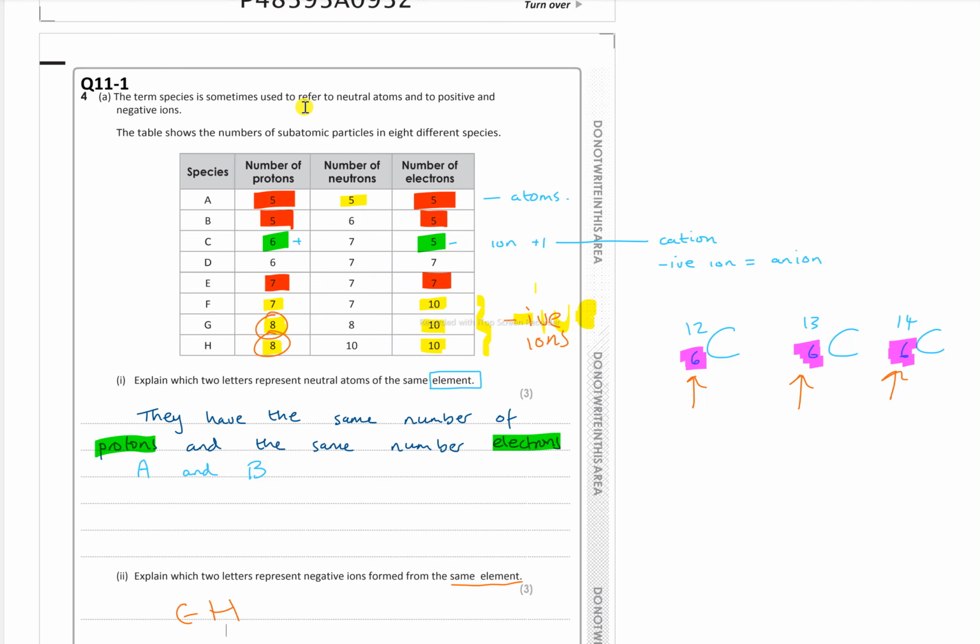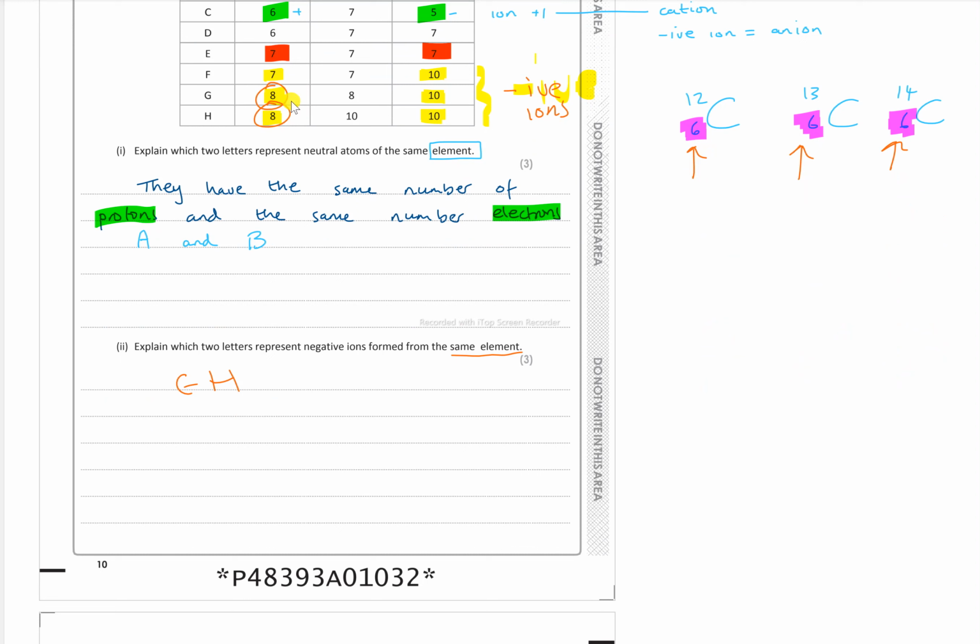Why? Because they contain the same number of protons but have more electrons than protons.